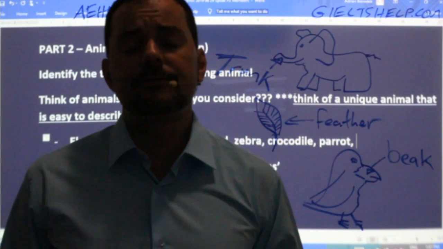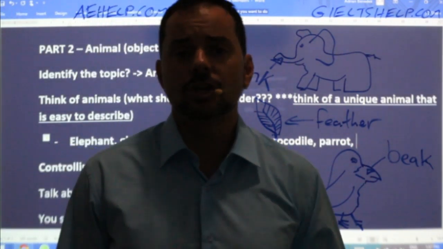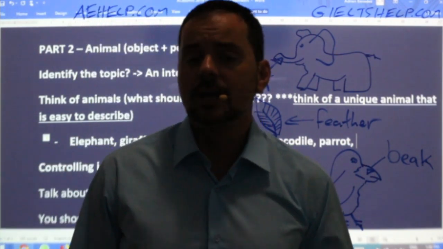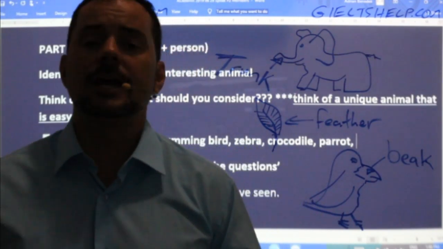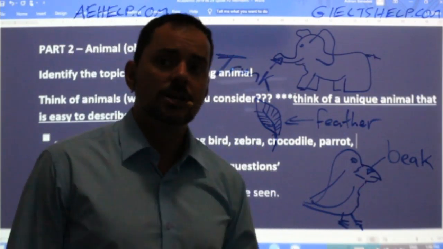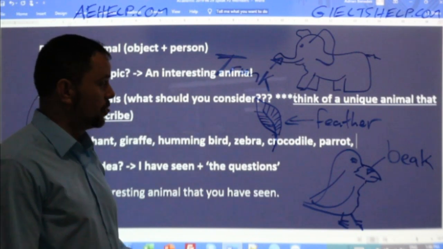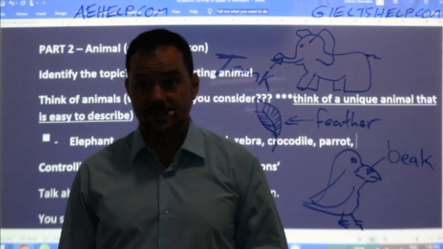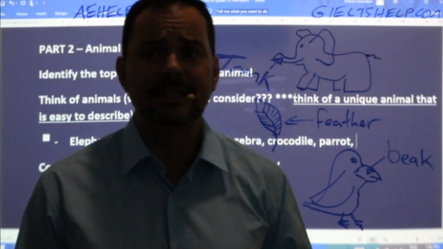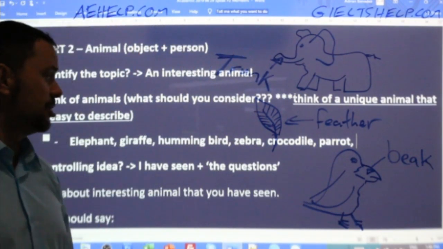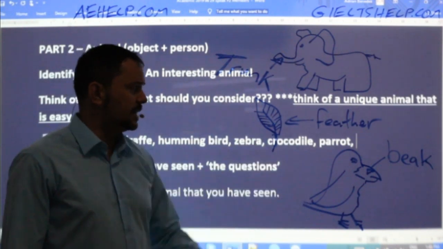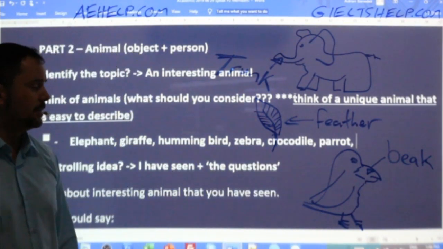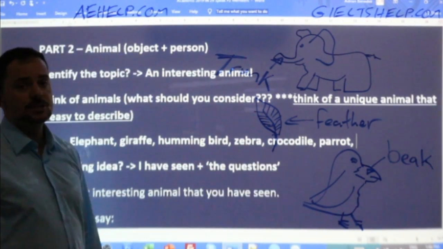You could have a reading passage which talks about birds and their anatomy and where they live, their habitat. So you can easily come across words like feather and beak in an IELTS exam, especially academic, but it could be in general as well. So basic anatomy of the animals, it's good to review that.